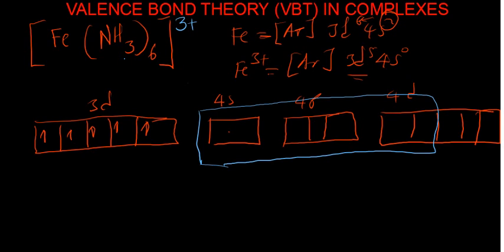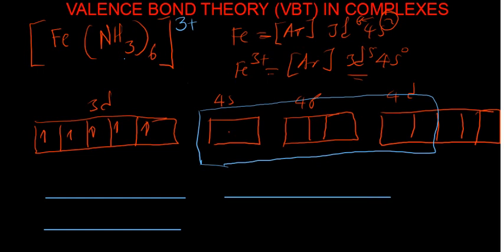And then we are going to still have, so notice that we are going to remain with 3 orbitals there after those hybridized. So these would be 3 still here.